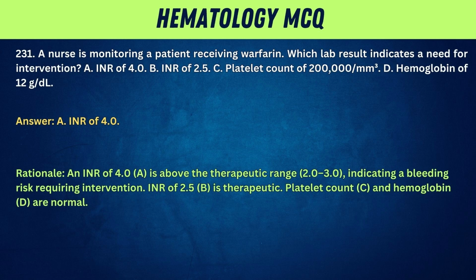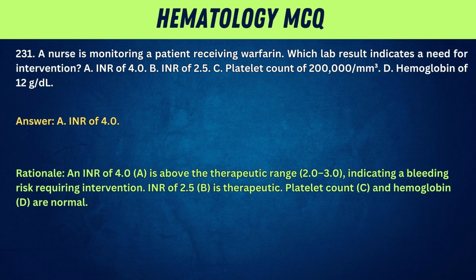231. A nurse is monitoring a patient receiving warfarin. Which lab result indicates a need for intervention? A. INR of 4.0. B. INR of 2.5. C. Platelet count of 200,000/mm³. D. Hemoglobin of 12 g/dL.